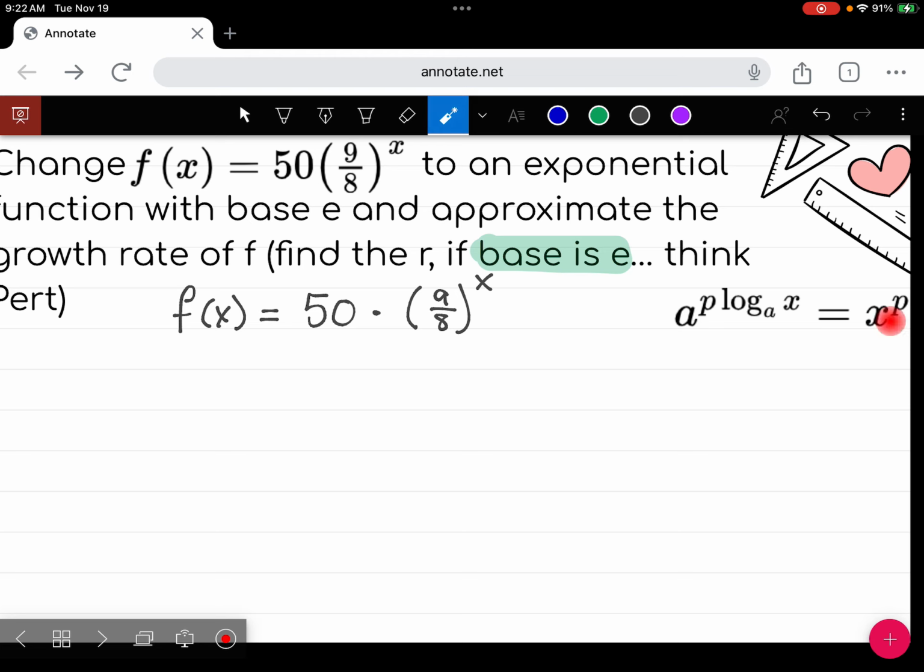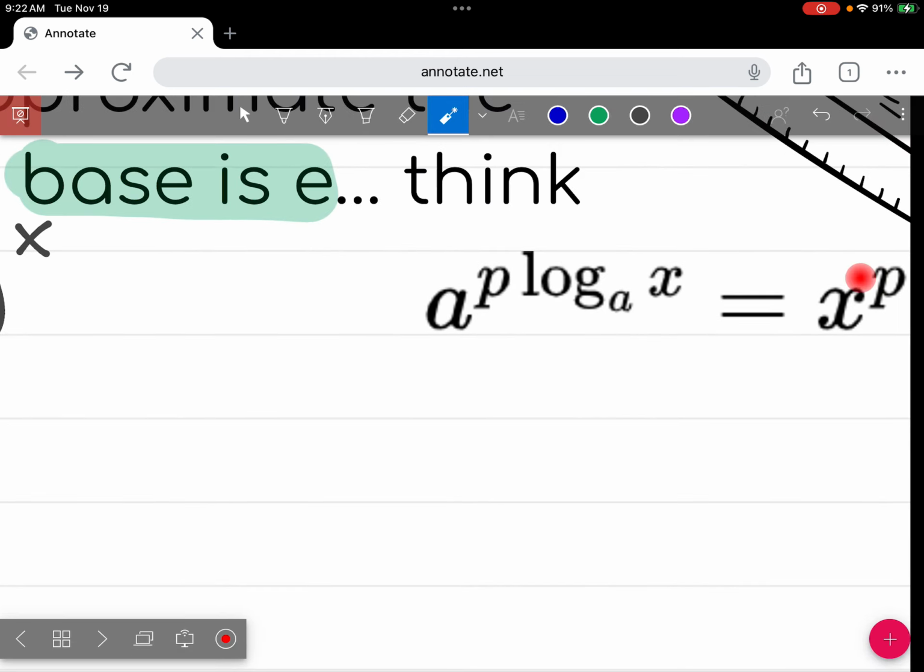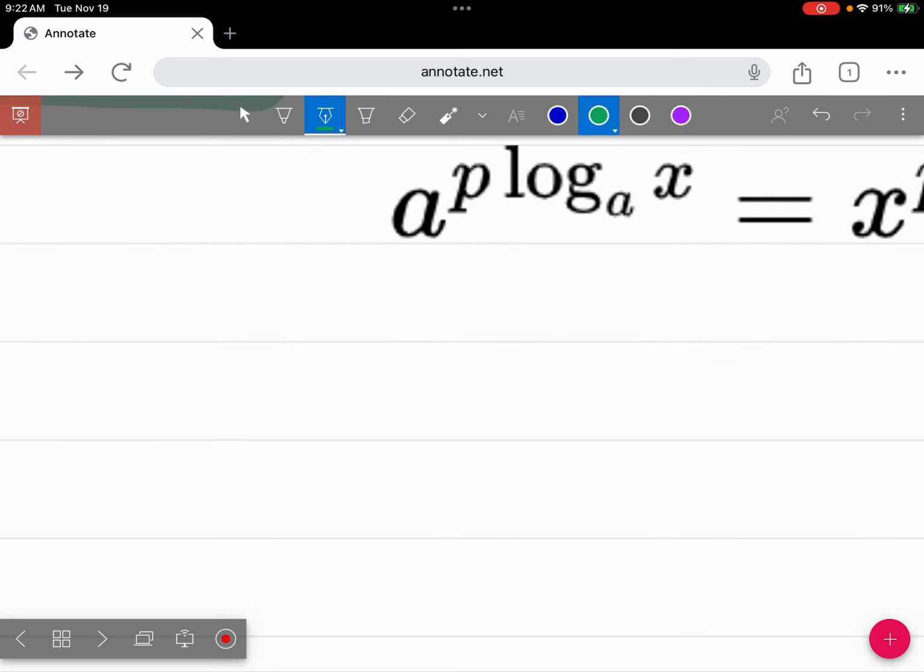So we're going to use this property, but we're kind of going backwards. We're going to start with a piece that's exponential, and we want it to have a base of e here. So I want this to be an e. So I'm actually going to rewrite this property with an e instead. So we have our e to some power p with our log base e.